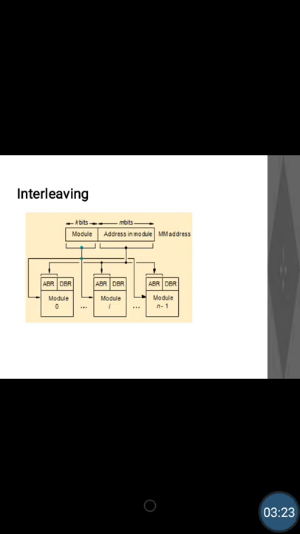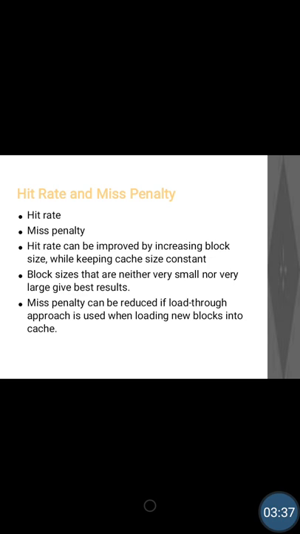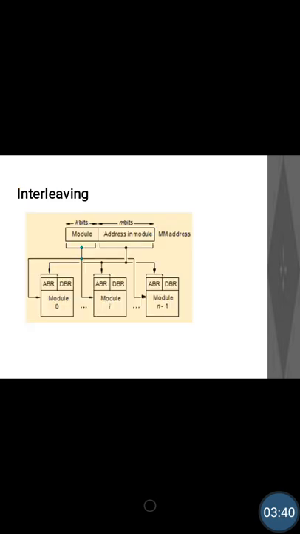Consecutive words means, assume I have 5 words: word 0, word 1, word 2, word 3 and word 4. All these 5 words are named consecutive words because they lie one after the other. These consecutive words are placed only in one module, within a single module, right?